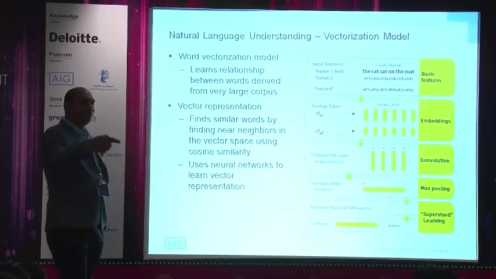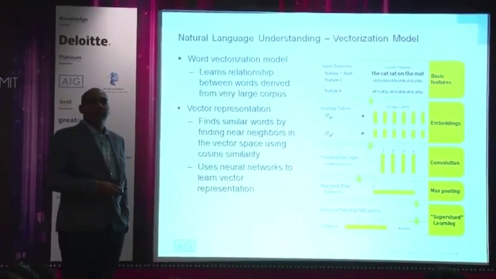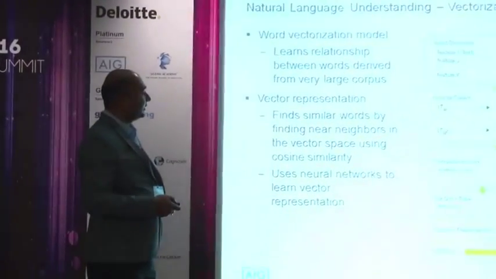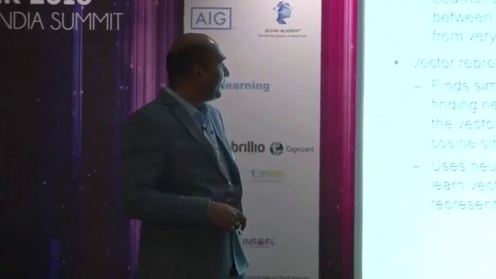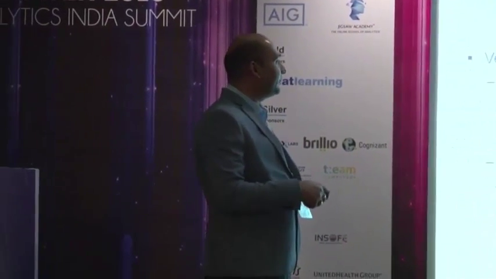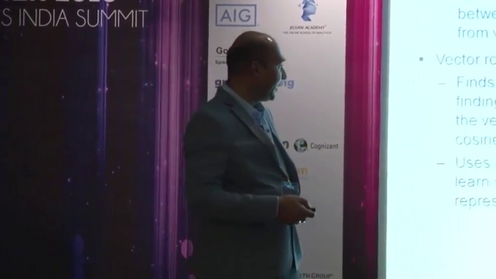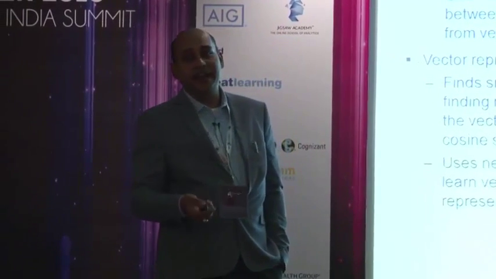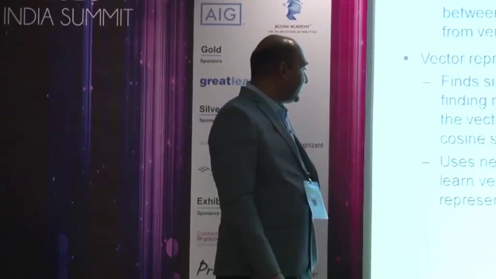And so you keep on doing that for the whole thing, and then you start creating the word vectors. Basically, you're trying to find a similar word given the neighbors, and it uses some similarity measure, which typically is cosine similarity.